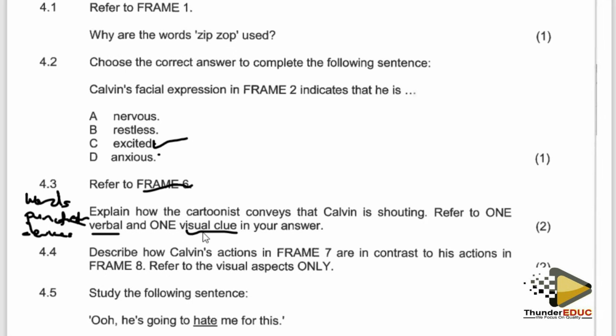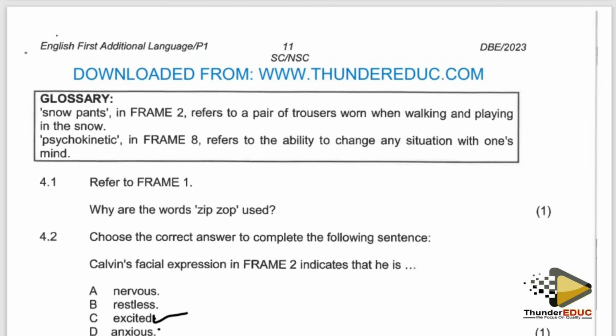Describe how Calvin's actions in frame 7 are in contrast to his actions in frame 8. Refer to the visual aspects only. All right, we are having our visual aspects. Let's go down.